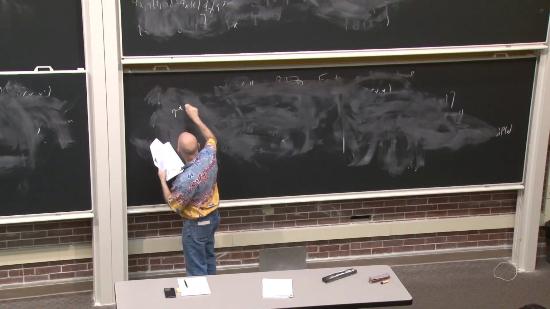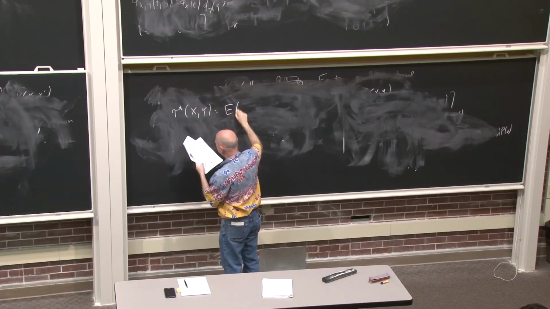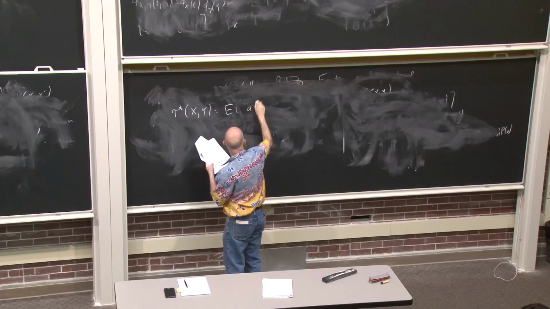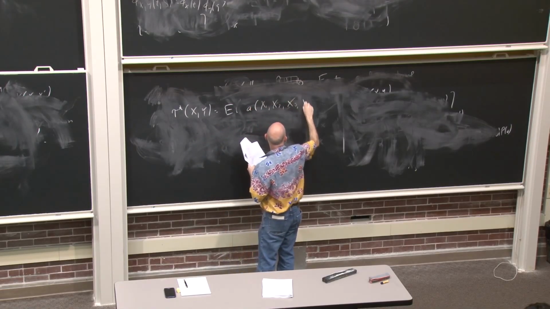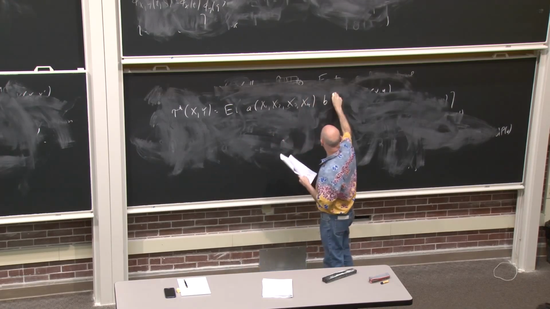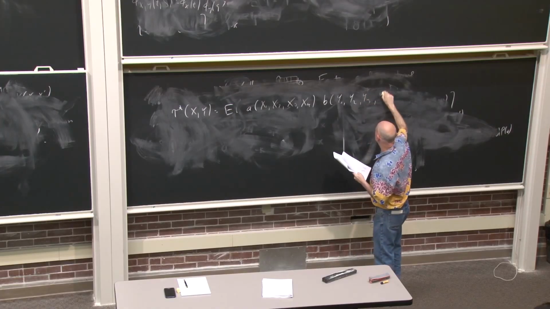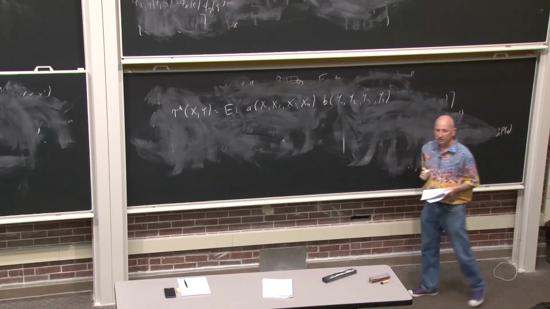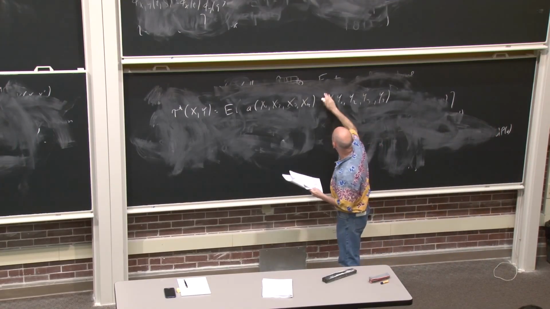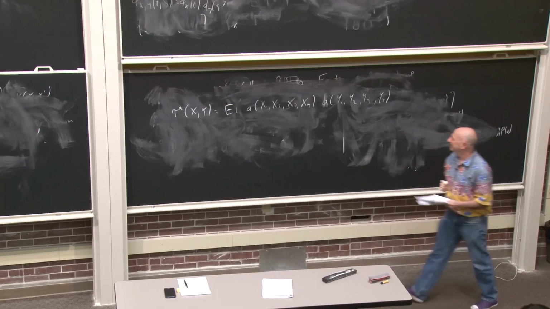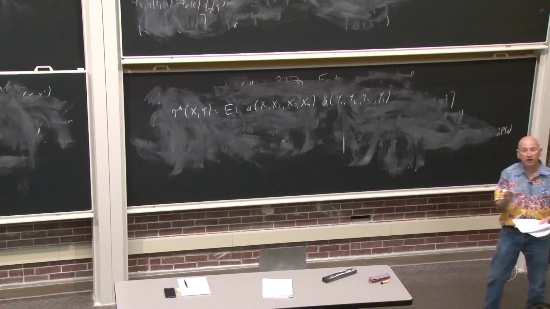It's defined, again, I'll just take 2 features and call them x and y. It's the expected value of A of x1, x2, x3, x4, times B of y1, y2, y3, y4. What matters is that these are y's and these are x's. The function A is fixed, so this is a 4th order U statistic.